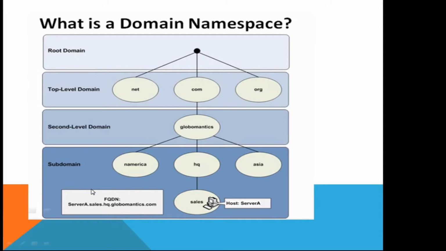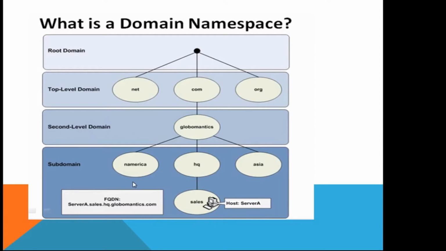So if your subdomain, or your local domain, is North America or NA, the connection will be na.globalmetrics.com. Or if your subdomain is HQ, the connection will be hq.globalmetrics.com. So this is the fully functional level of the domain.